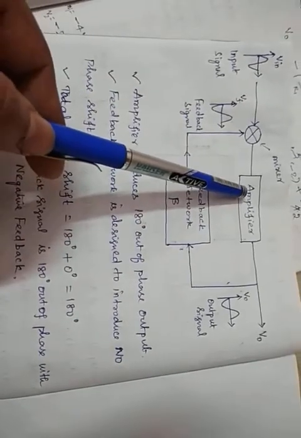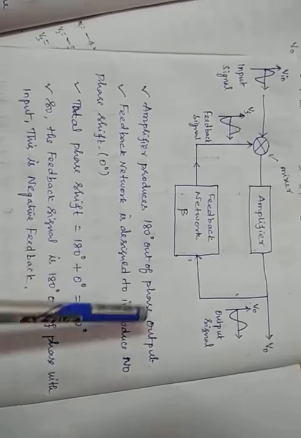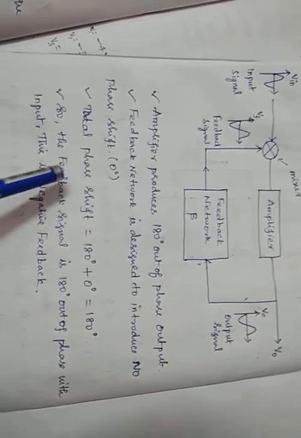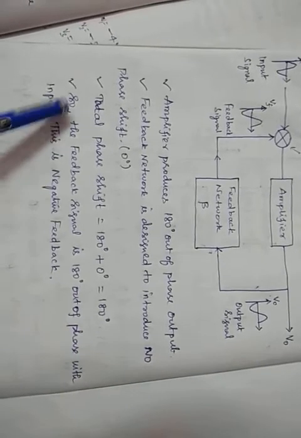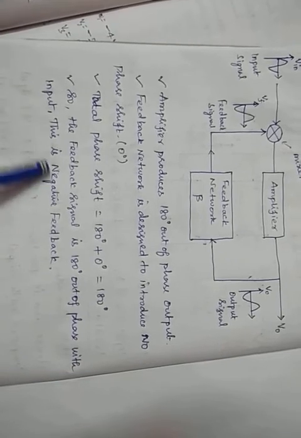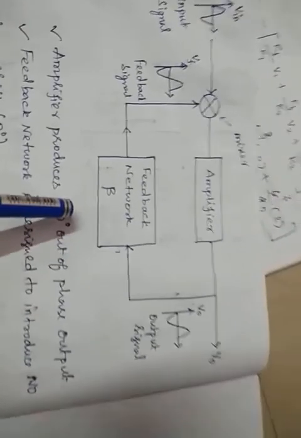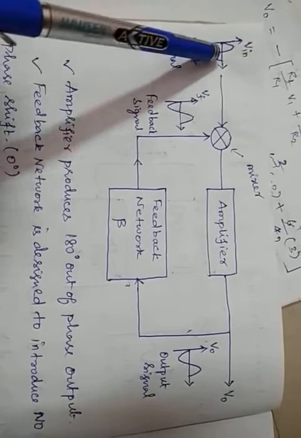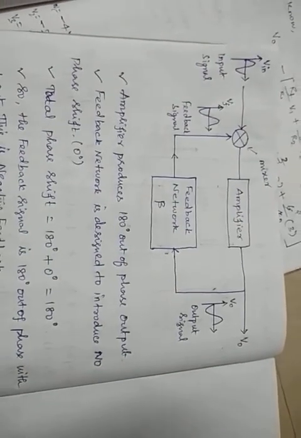But here the feedback network doesn't introduce any phase shift. So the total phase shift is 180 degrees plus 0 degrees equals 180 degrees. So the feedback signal is 180 degrees out of phase with the input. This feedback is called negative feedback. The feedback signal and input signal are 180 degrees out of phase. Alright.